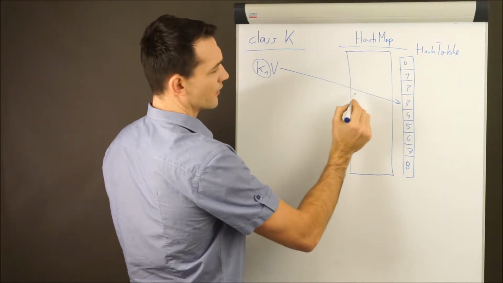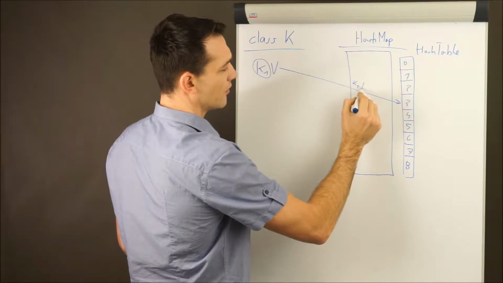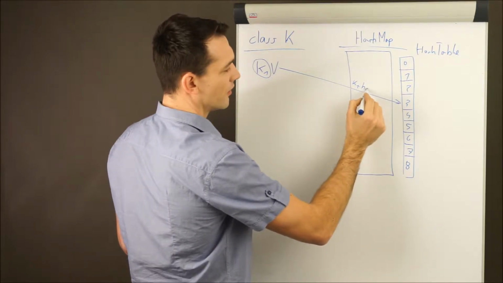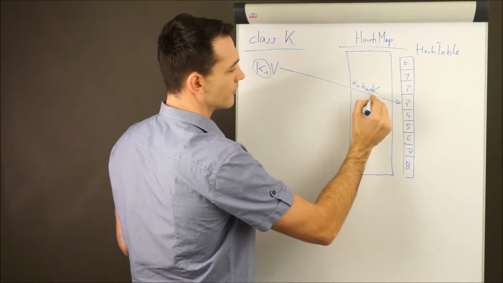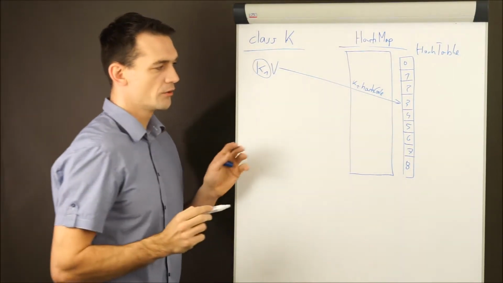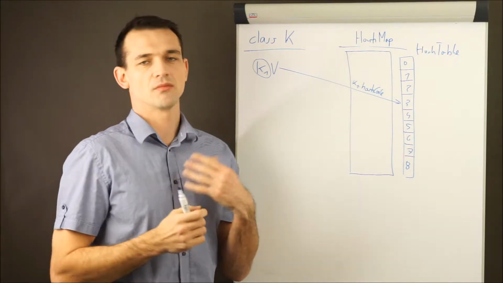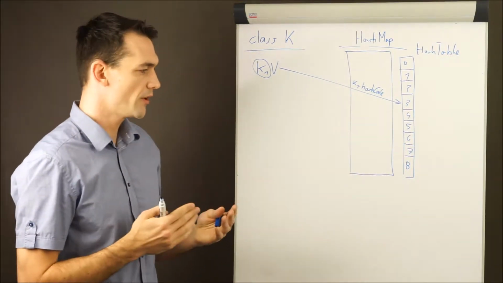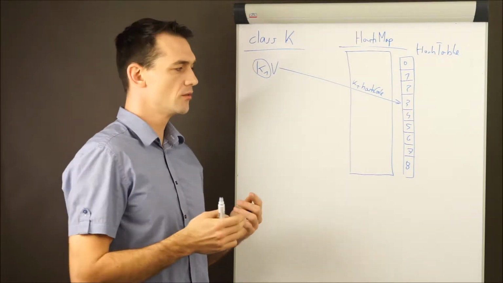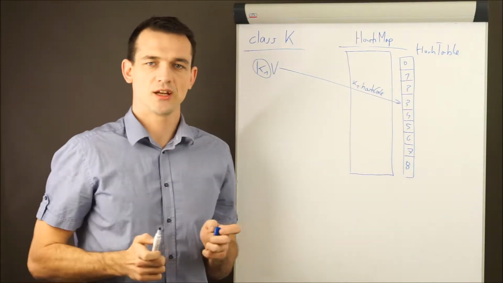In Java, HashMap is calling the hashCode method from K1, which returns us some number, and this number is then used to calculate the hash table entry.